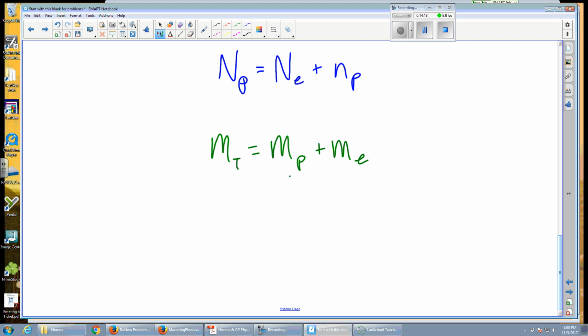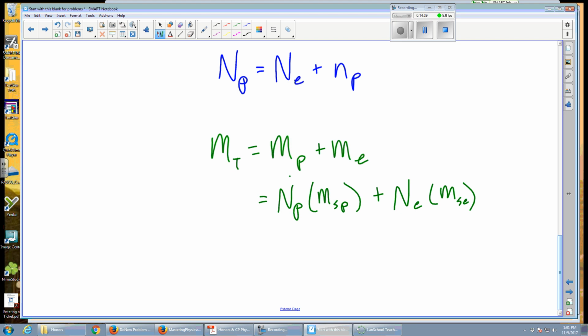I don't love that notation, but which is the number of protons times the mass of a single proton plus the number of electrons times the mass of a single electron.